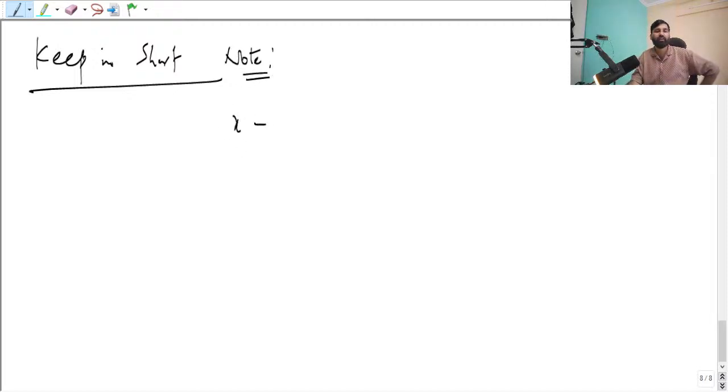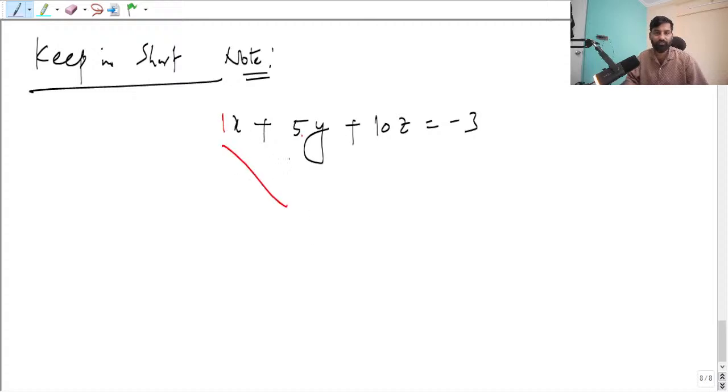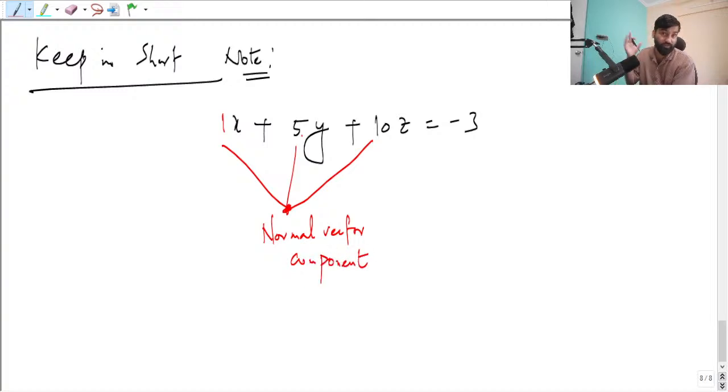Let's say that you have got x plus 5y plus 10z, which is -3. The coefficients of these numbers 1, 5 and 10 correspond to the normal vector components. In general, whatever equation you have seen, you can understand that A, B, C correspond to the normal vector components.